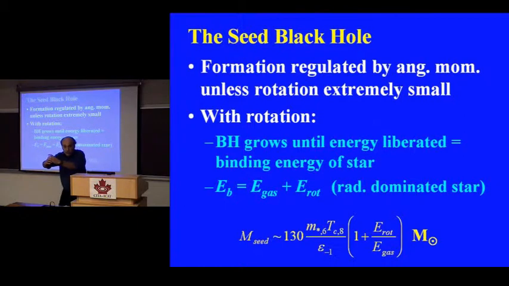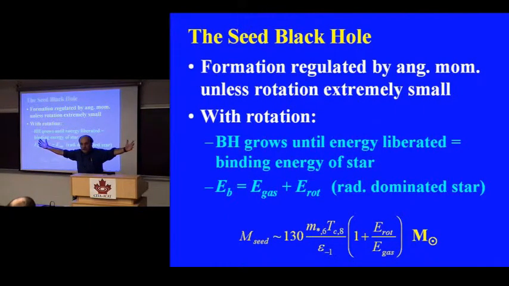And so what probably happens, I think, is that you essentially blow the envelope up, but eventually the rate at which the black hole grows drops to the point where you could reach an equilibrium in which the energy released by the growth of the black hole becomes comparable to the energy that the envelope can handle, which is the Eddington limit. So one way of looking at this is that initially, when the black hole starts forming, it's collapsing and releasing energy at a rate that far exceeds the Eddington limit for the envelope.